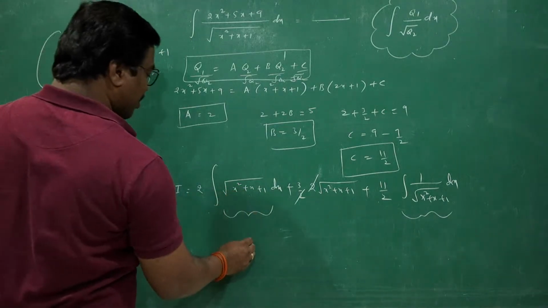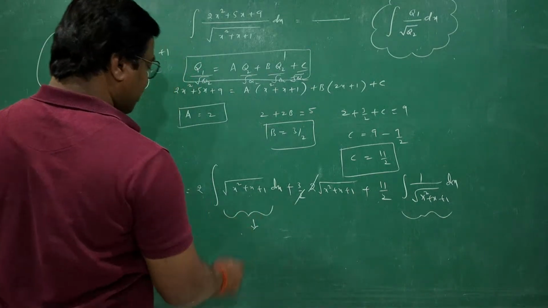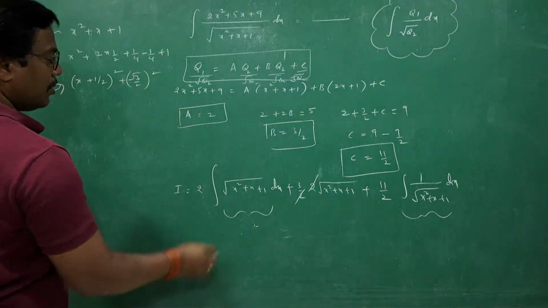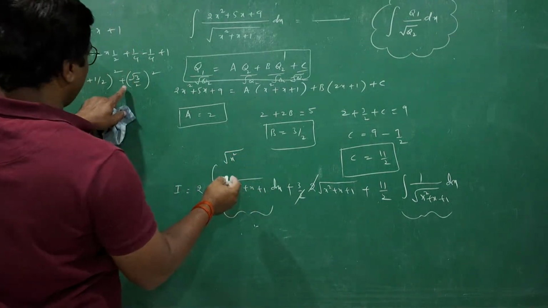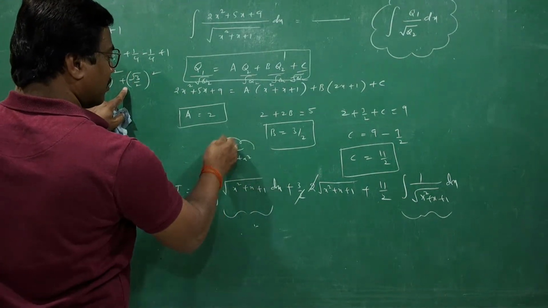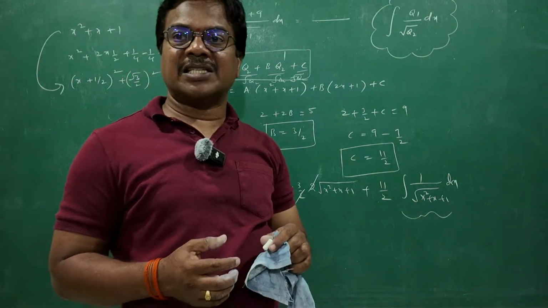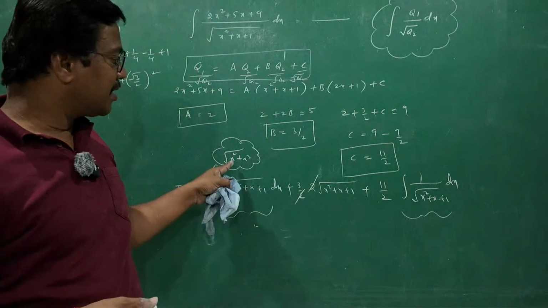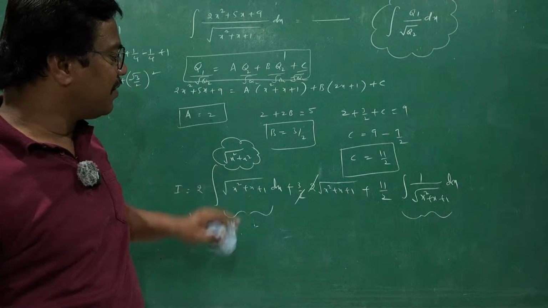It reduces to the form where you have to apply the formula: the square root of x square plus a square is x by 2 root over x square plus a square plus a square by 2 sinh inverse of x by a.